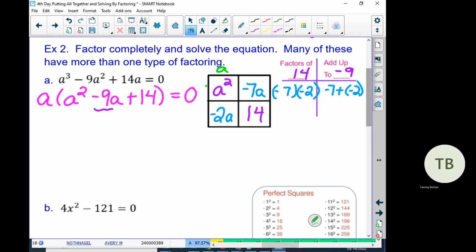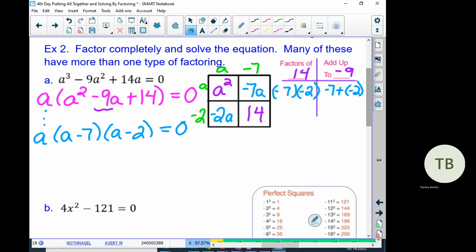That would be a times a. What times a gives me -7a? That's -7. A times what gives me this? That's -2. -7 times -2 is 14, so that means I've done it correctly. Now I bring that a down. I have an a -7 and an a -2 equals 0.